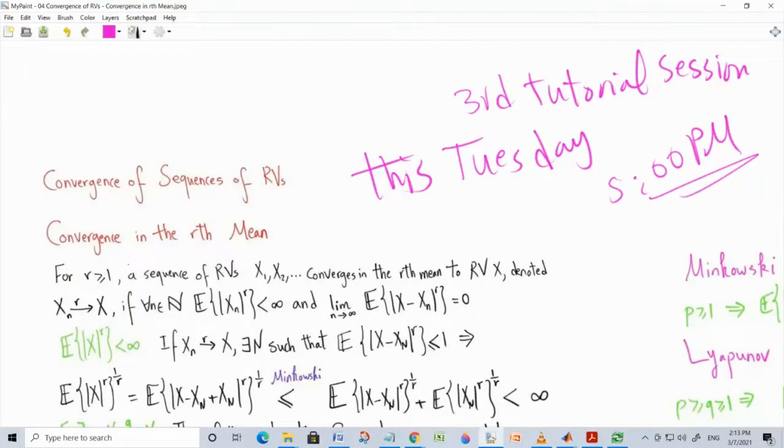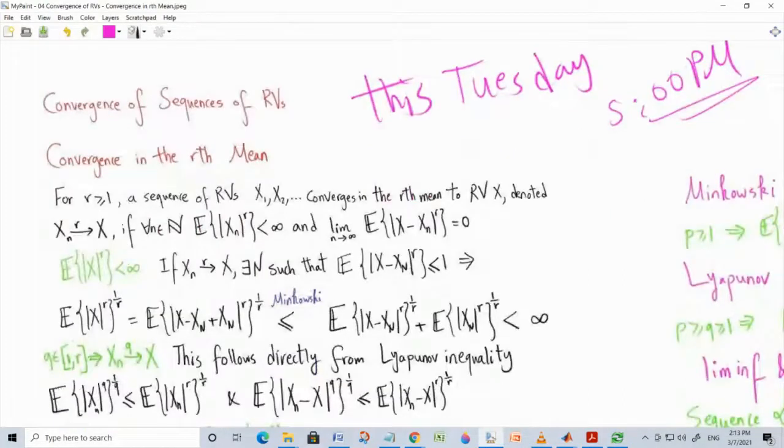Our first concept of convergence is convergence in the rth mean. A sequence of random variables is said to converge to random variable X in the rth mean, and we write it as Xn converges to X with an arrow and r, understood as n goes to infinity, if each one of those random variables has a finite absolute rth moment.